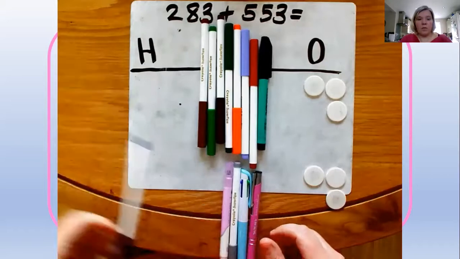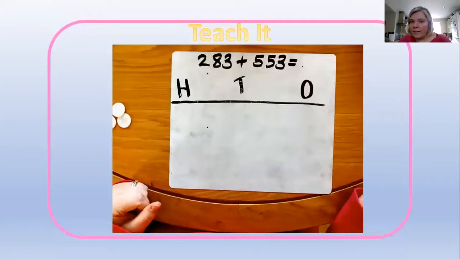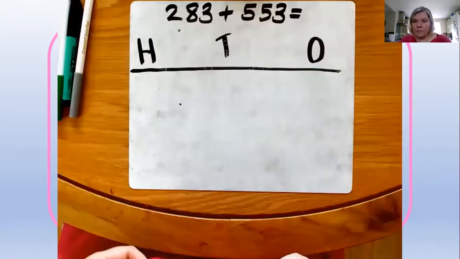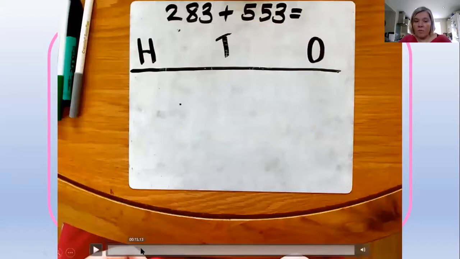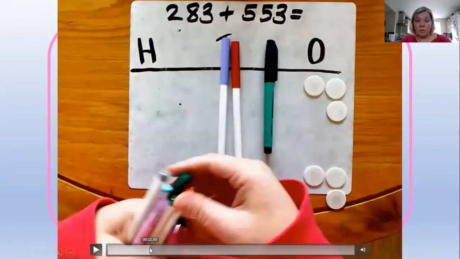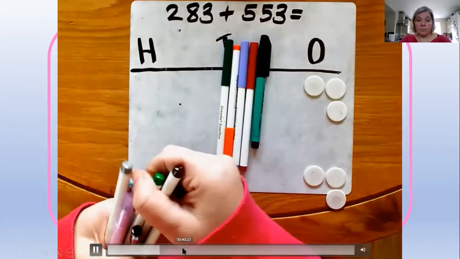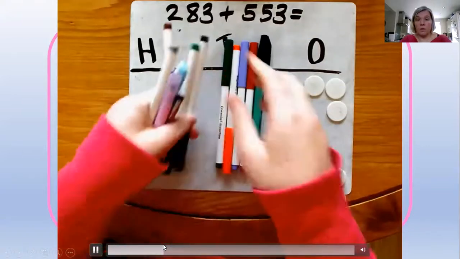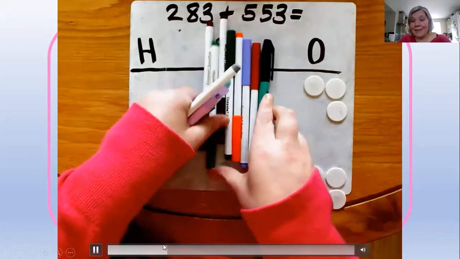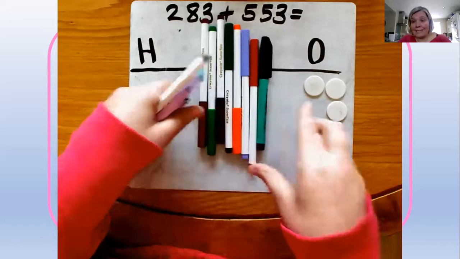What do the 5 tens represent? Those 5 tens represent 50. And that's important. Those 8 tens represent 80.